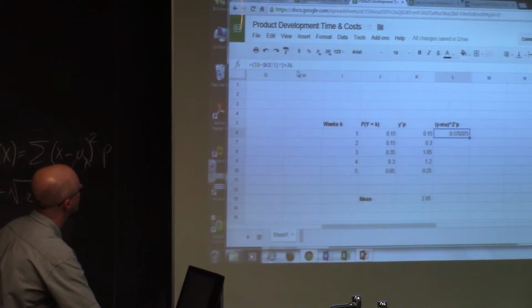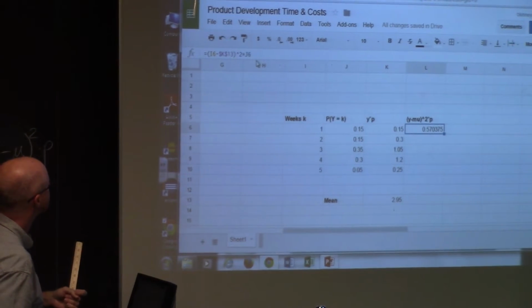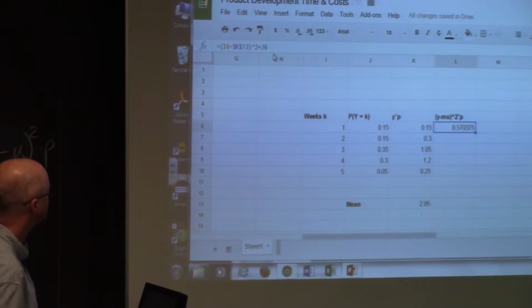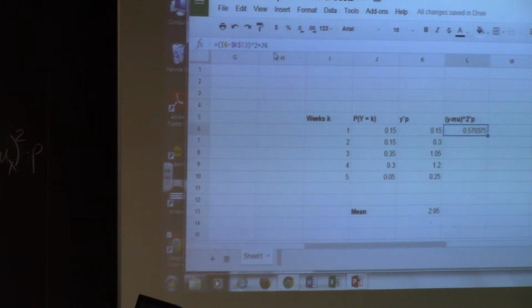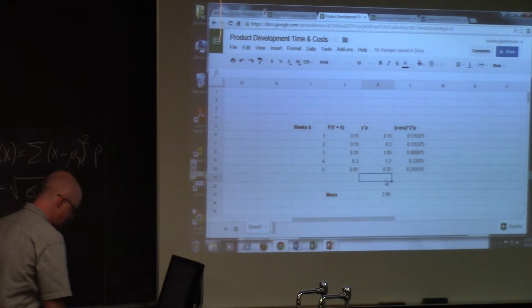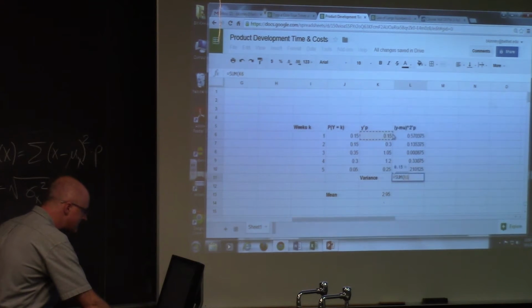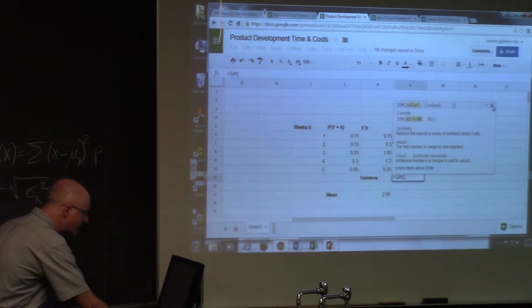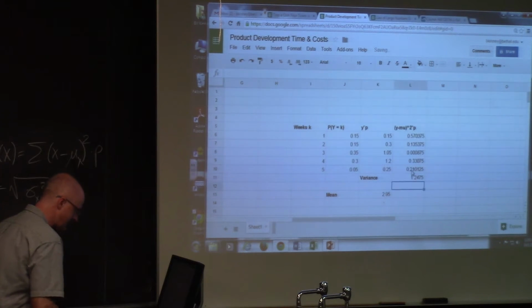Look at the formula up there. Take a second to look it over and see that it makes sense. Y is in column I, K13, that's where the mean mu is. J, that's the probability column. Add those up, that's the variance. Sum, use numbers, that's the variance.